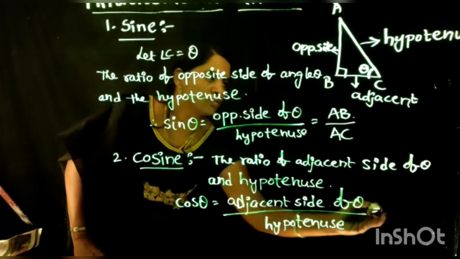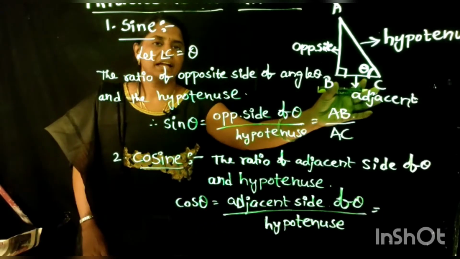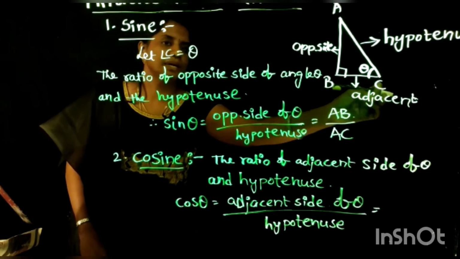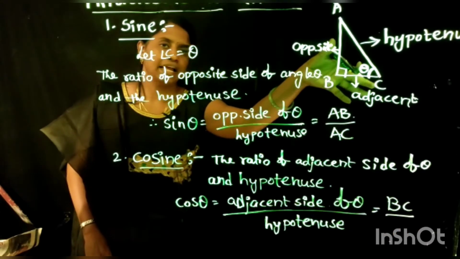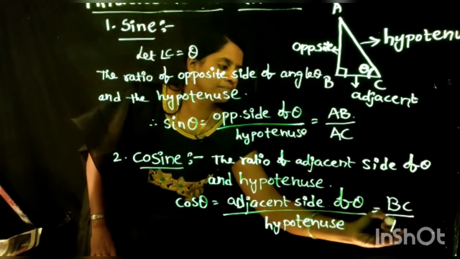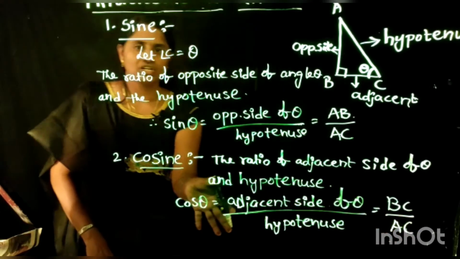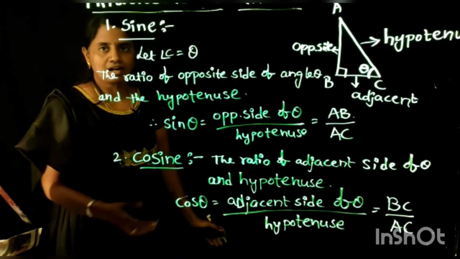What is the adjacent side in triangle ABC? It is BC. The hypotenuse in triangle ABC is AC. This is the definition of cosine or cos.